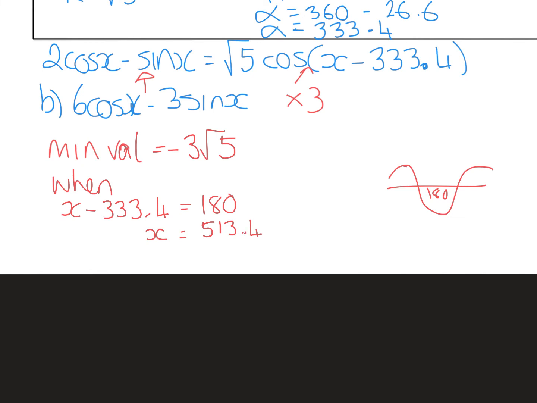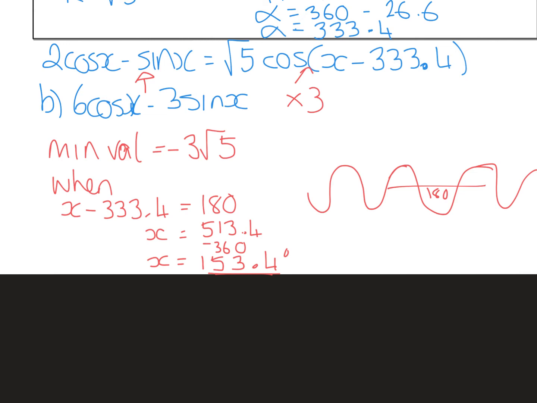But please remember, these graphs are continuous, so they will keep going forwards, they will keep going backwards. And the period of the graph is 360. So if I take away 360 from that, that should give me where it happens on the previous wave. So take off the 360. It occurs when x equals 153.4 degrees. And I just made that without running out of space.